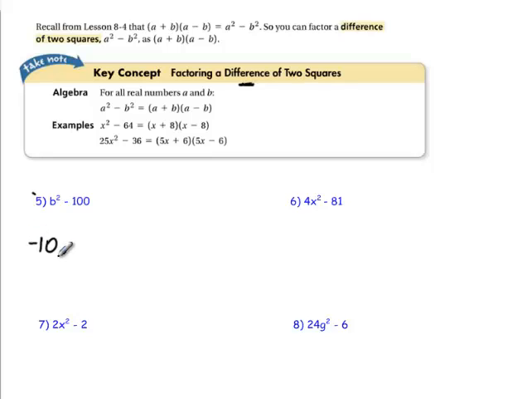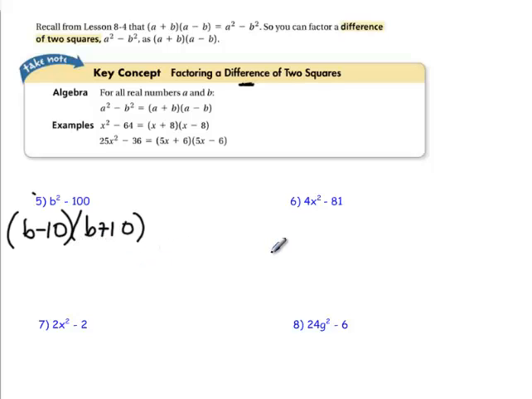So negative 10 and 10 multiply to give me negative 100 and add together to give me 0, which is what I want. Okay, so that's where this comes from. B minus 10, B plus 10 are our factors. Done right there. 2 perfect squares. We just got to make sure the signs are opposites.